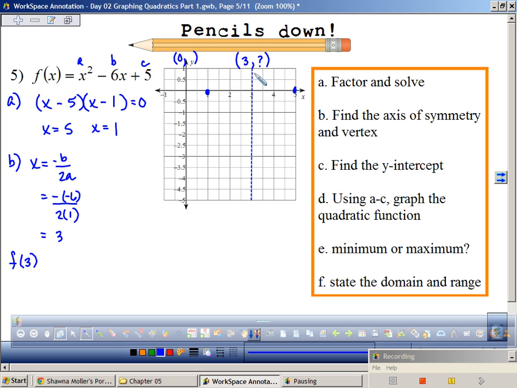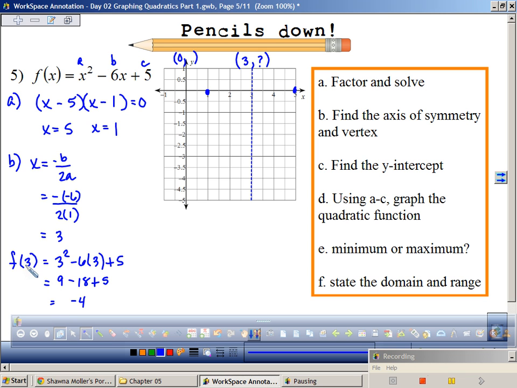Yep, always, because it's got to be on that line, right? So I'm going to plug in 3, and I get 3 squared minus 6 times 3 plus 5 is 9 minus 18 plus 5. 9 minus 18 is negative 9. Negative 9 plus 5 is negative 4.